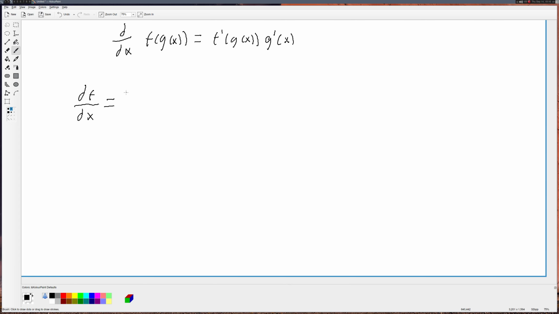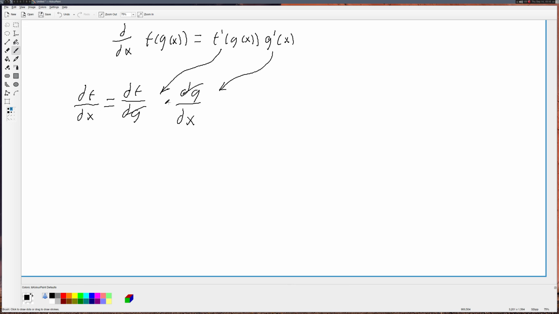But that's a little easy. So again, we take df over dg, which is this, and then we multiply that by dg over dx, which is this. These two cancel out, and now we have df over dx.